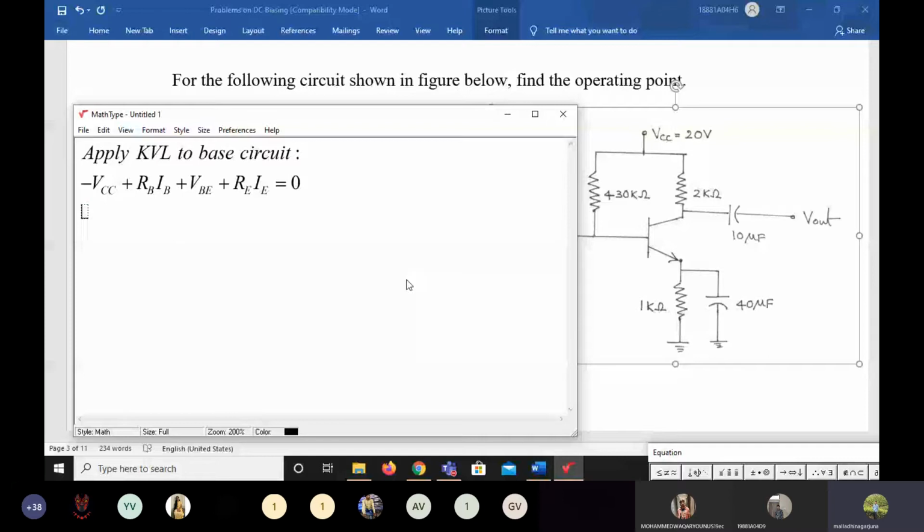So minus VCC plus RB into IB plus VBE plus RE into IB plus IC equal to 0. We know that IE equal to IB plus IC.